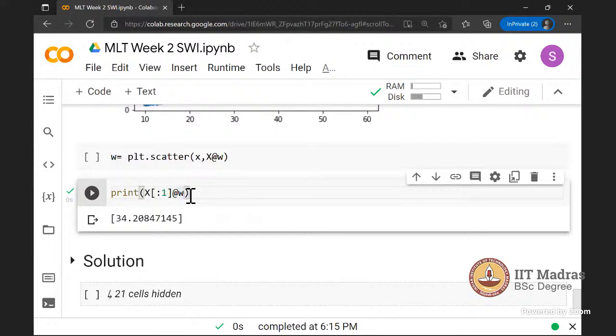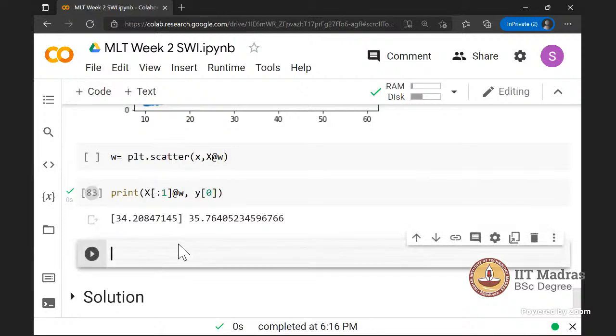Yeah. So what we want to do is make sure that this is supposed to be very close to the actual y value. So let's print that also. So this is one condition that we can impose on our model.